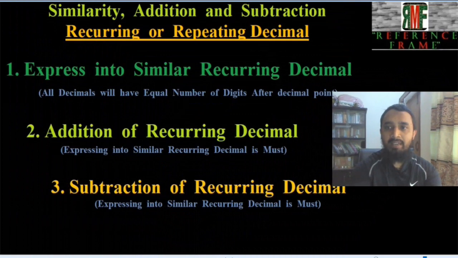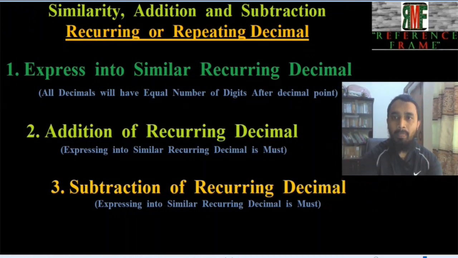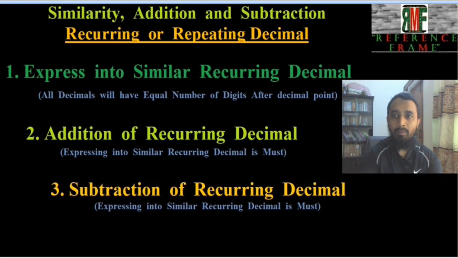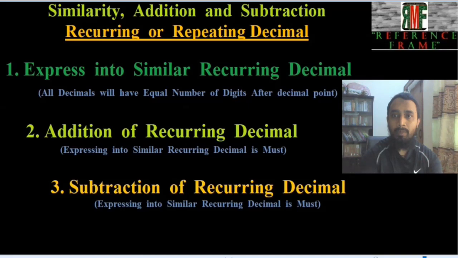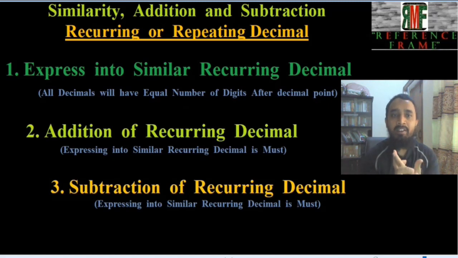As you can see on the screen, here you can see similarity, addition and subtraction of recurring and repeating decimals. Today we're going to learn expressing into similar recurring decimals.